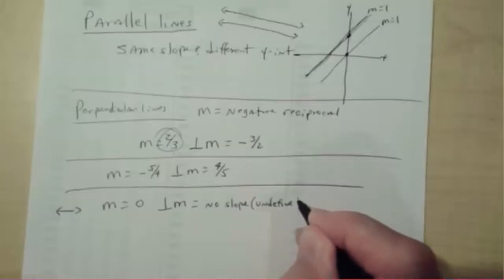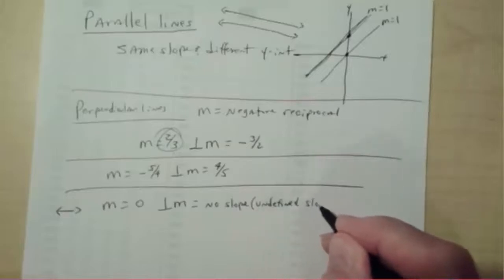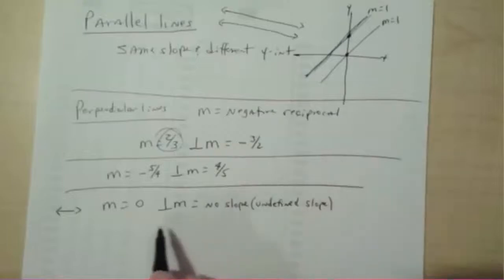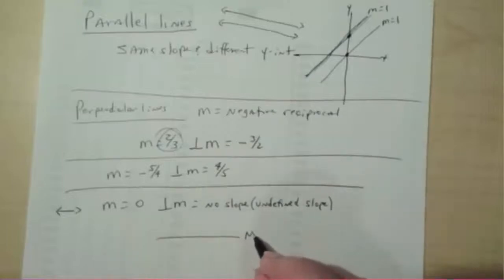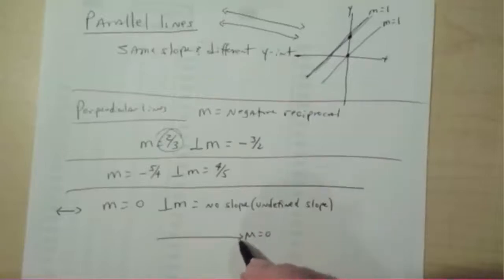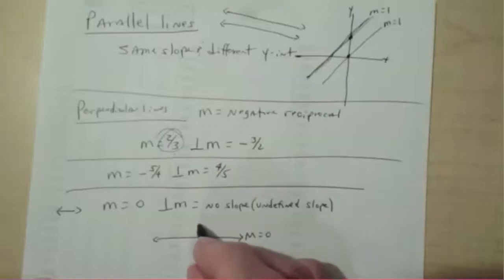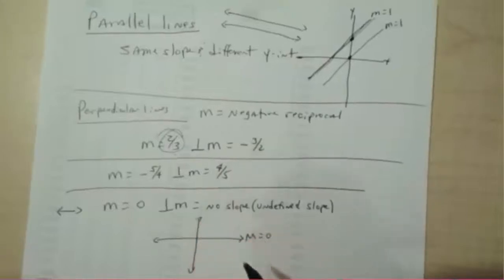Okay, so if the slope of 0 is like this, then the perpendicular slope will be like this.